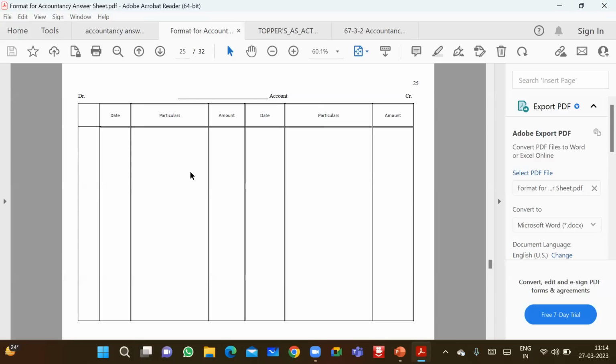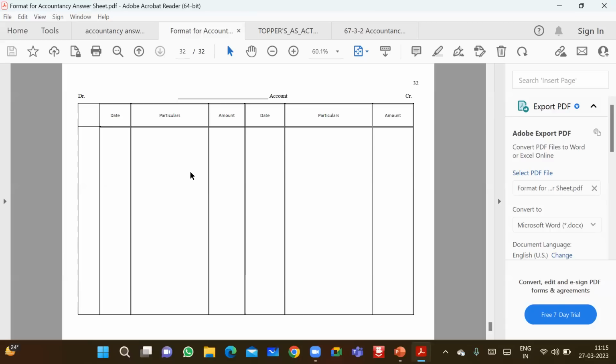Now, after this, from page number 25, 26, 27, 28, 29, 30, 31, and 32 till last page, you have account with single amount column, with date column.